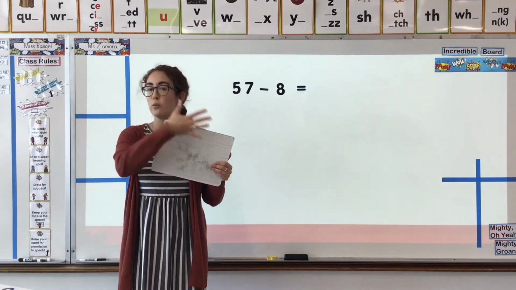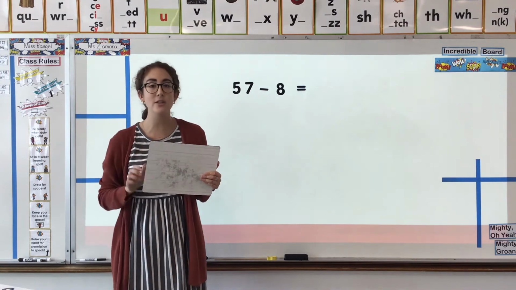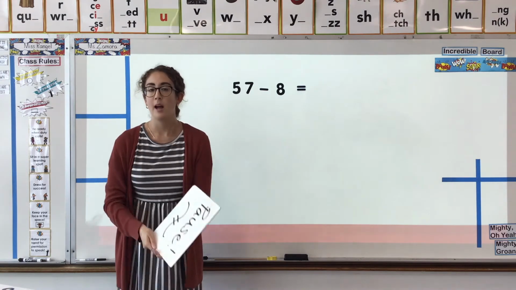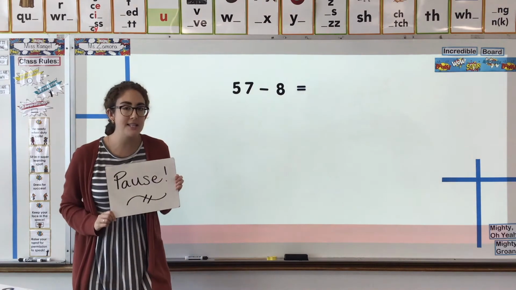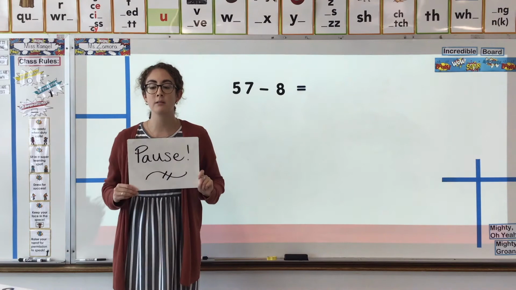So either you're going to write it down on your whiteboard or try to do the take out 10 strategy in your head. Either way, I want you to pause this video right now, work on it on your own, and then come back to check. Here we go.